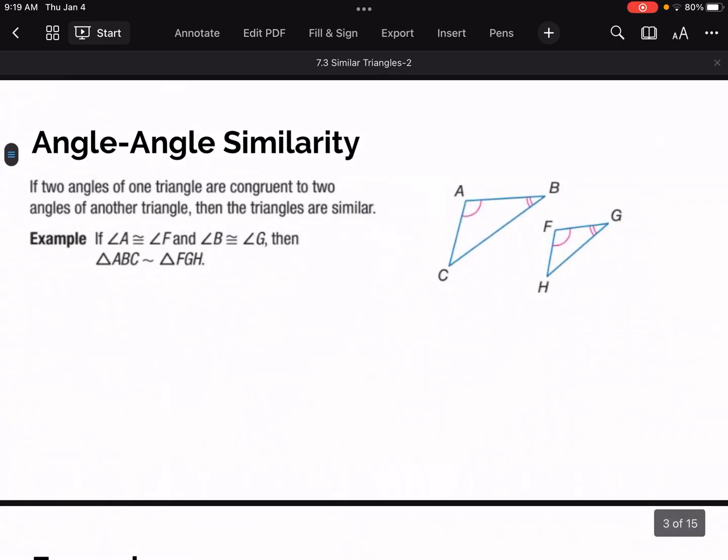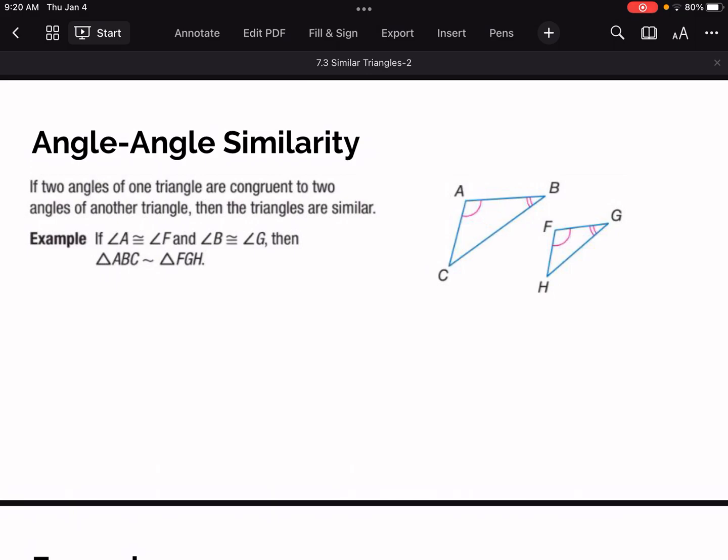So the angle-angle similarity, you might remember this. From probably the last lesson, you may remember that if you have two angles congruent on two different triangles, then the third angle has to be congruent, because we know that in every single triangle, the total of the angles has to add up to 180 degrees.